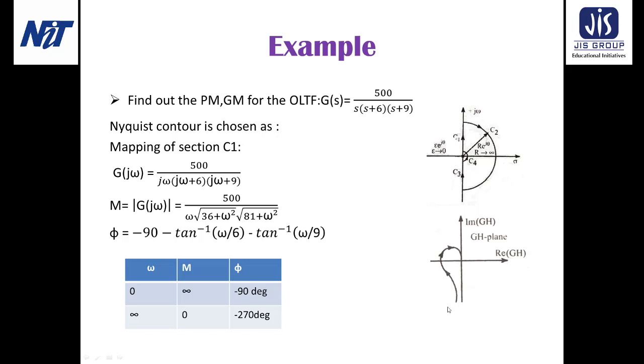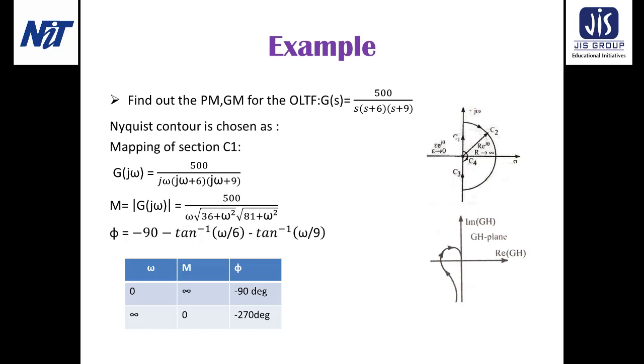Then we go in the clockwise direction: this is minus 90, this is minus 180, minus 270, and again this is minus 360 or 0 degrees. So from the minus 90 degree line the magnitude is infinite, and at minus 270 degrees the magnitude is 0. This is the mapping of section C1.